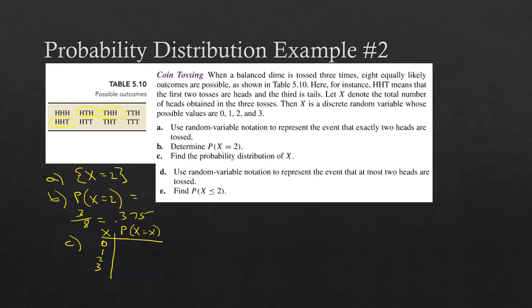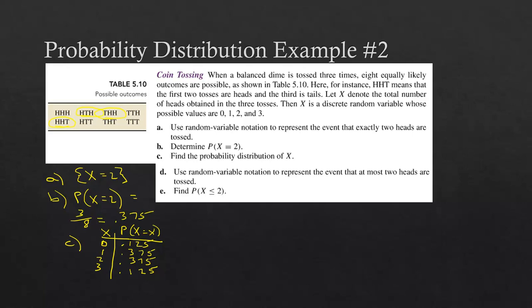And so 1 out of 8 gives us 0.125 for our probability. What about tossing 1 head? Well, you have 3 up there that only have 1 head tossed. So that's going to be 0.375. We already know 2. And there's only one that has exactly 3 heads tossed. And so that is 0.125. So there's your probability distribution of X. Okay? Not that bad, right?